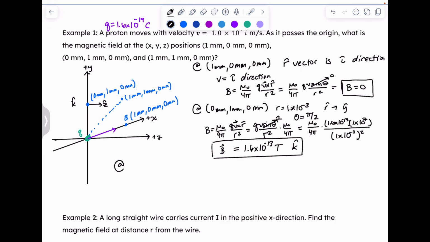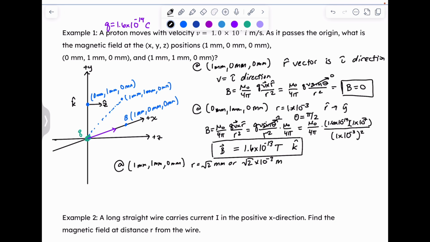And then lastly, if we look at the point 1 millimeter, 1 millimeter, 0, our r here is going to be root 2 millimeters, or root 2 times 10 to the negative third meters.